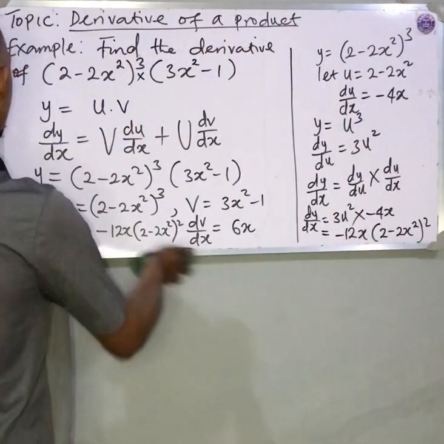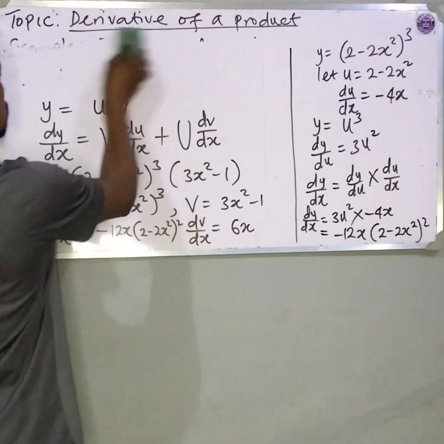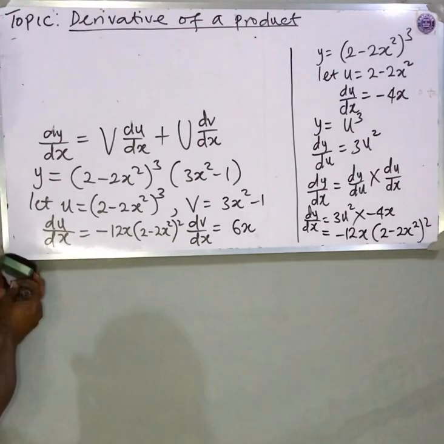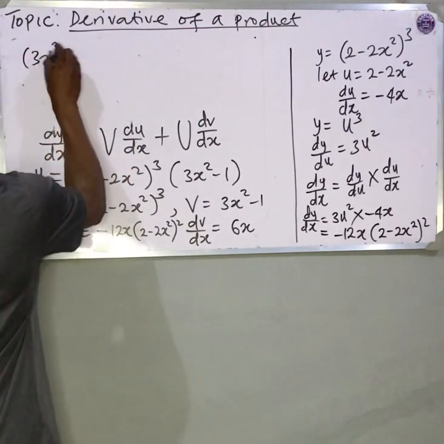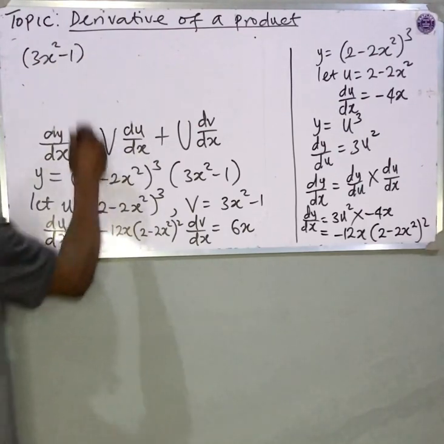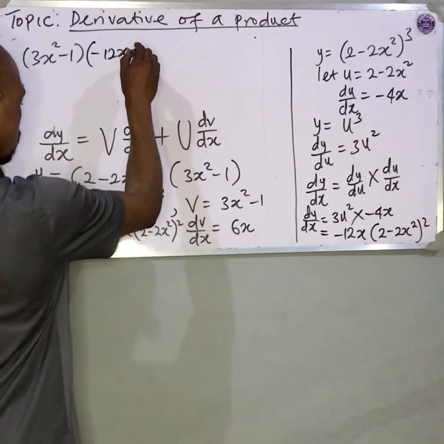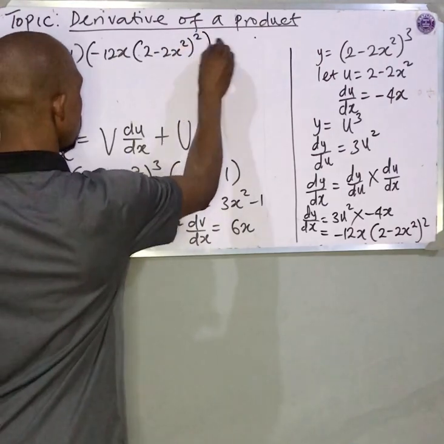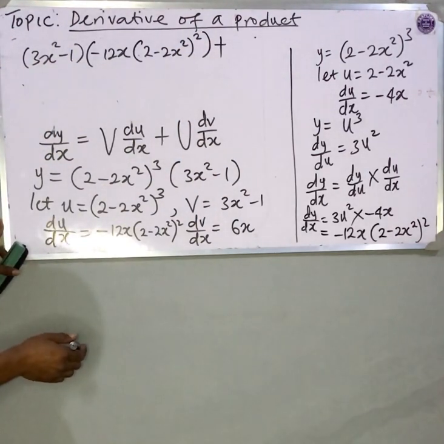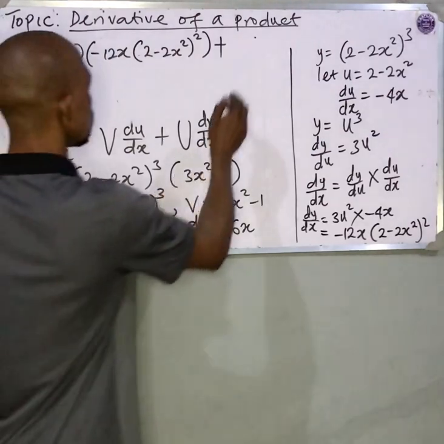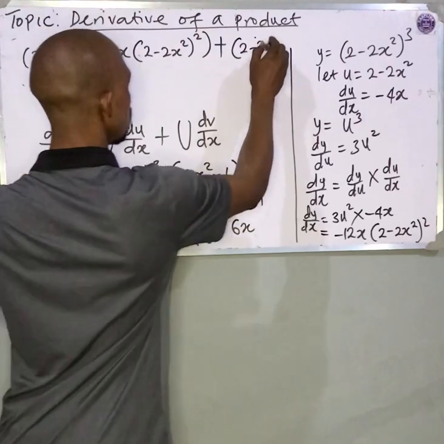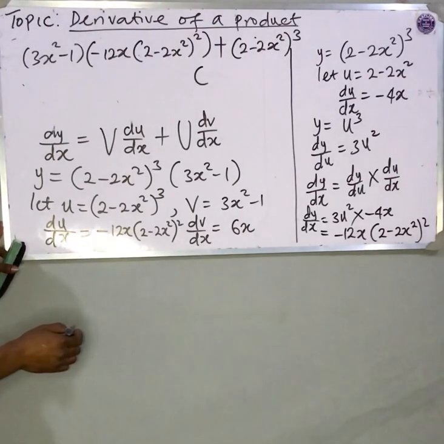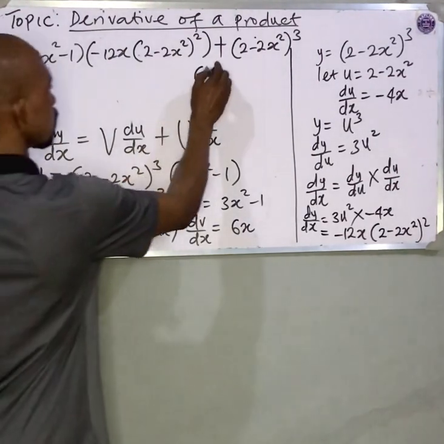When we do that, we have our v as 3x squared minus 1 times du/dx, minus 12x (2 minus 2x squared), plus our u, (2 minus 2x squared) raised to power 3, times our dv/dx, which is 6x.